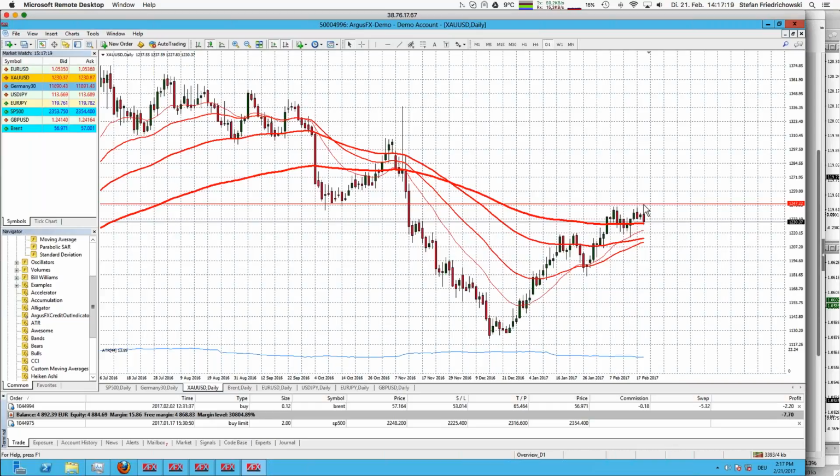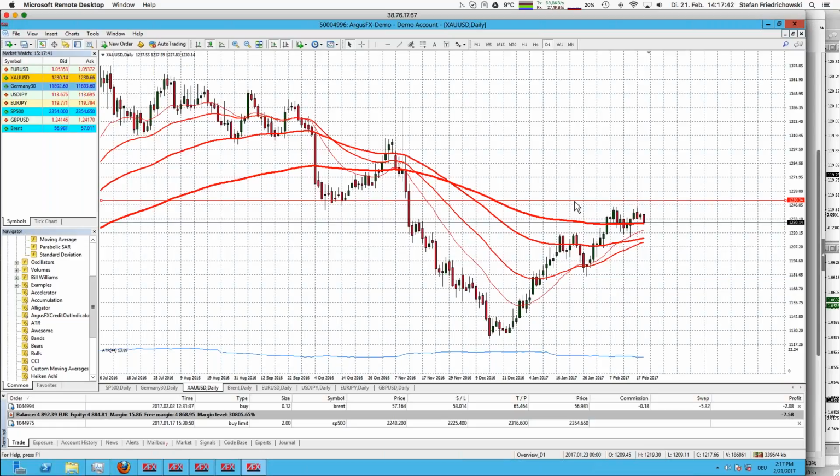So we have here a quite well stop loss setting. Let's give a little bit extra room. So I move it a little bit further to the north. So that means stop loss would be at 1250.34.